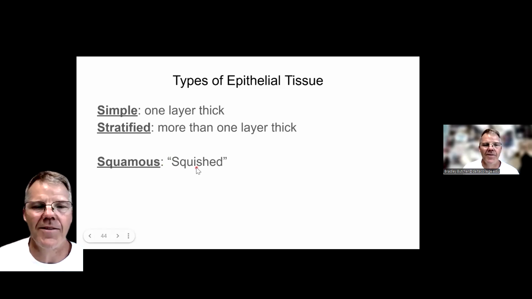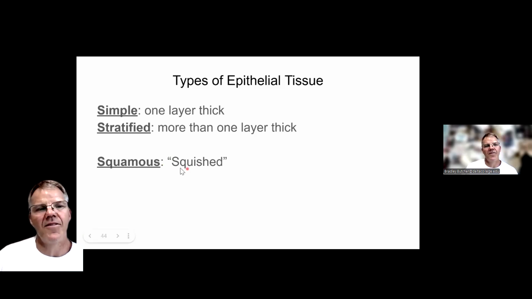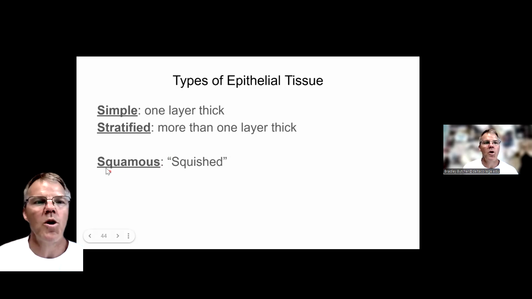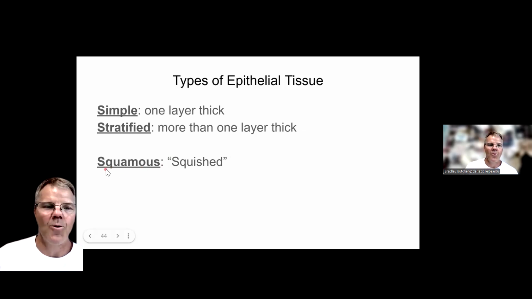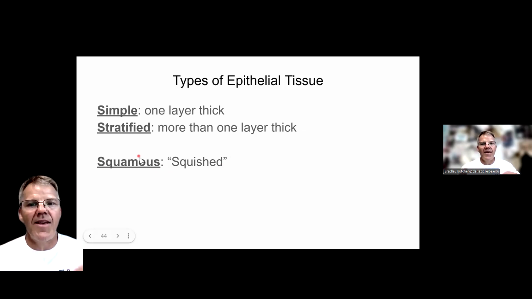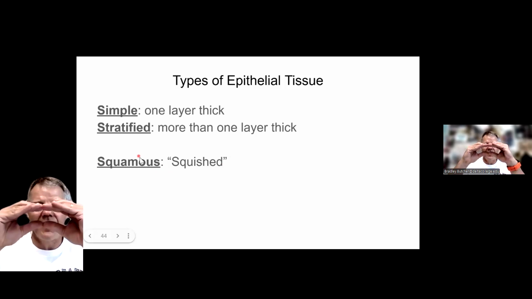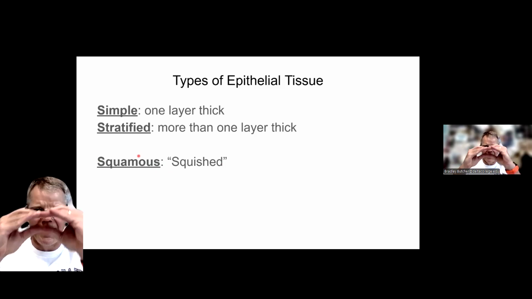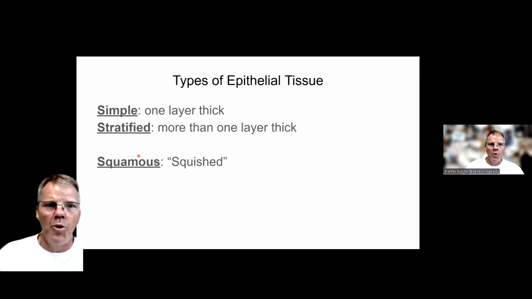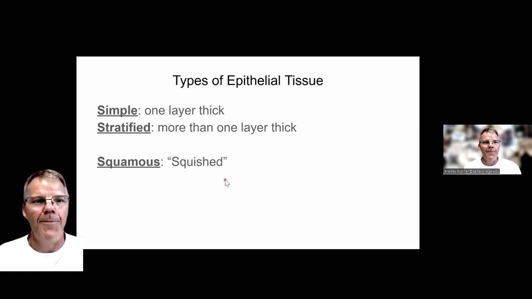Well, squish doesn't really sound super scientific, so let's use a scientific word for squished. We'll call it squamous. The word squamous means squished, and when you see a squamous epithelial cell, you'll notice that the nucleus looks squished like a pancake or a pupusa or something like that.